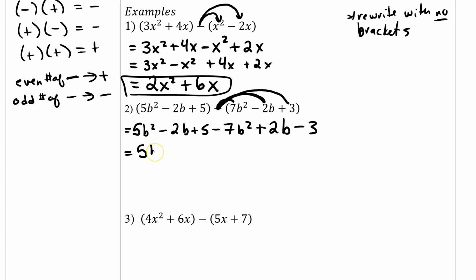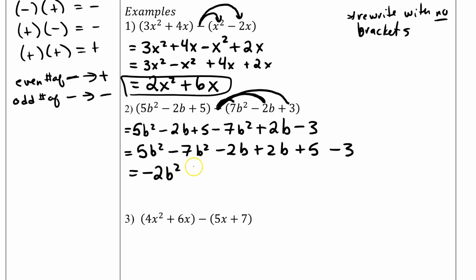So 5b squared, matching up those like terms, minus 7b squared, minus 2b plus 2b plus 5 minus 3. 5b squared minus 7b squared is negative 2b squared. Negative 2b plus 2b is going to be 0. So I can either say plus 0 or I don't have to write anything at all. Plus 5 minus 3 is going to be plus 2. Put a box around it because I like my teacher.